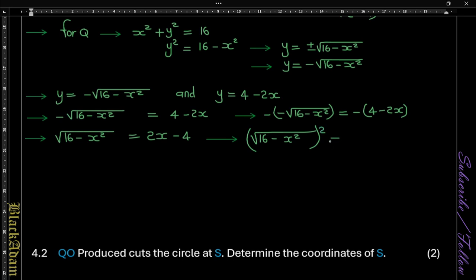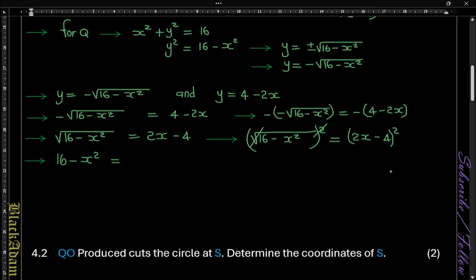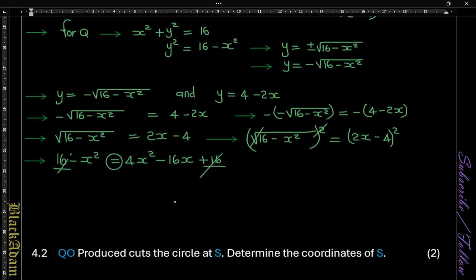Squaring, the square root cancels out, so we have 16 minus x squared is equal to 4x squared minus 16x plus 16.